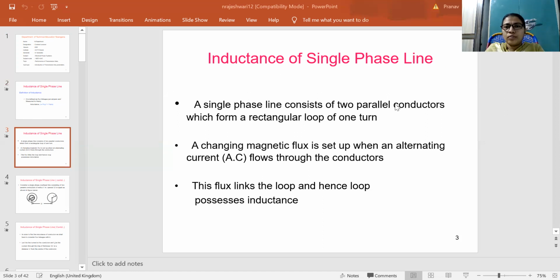This is the rectangular loop of one turn, and a changing magnetic flux is set up when an alternating current flows through the conductors. Whenever the conductors carry AC current, they produce a changing magnetic flux, and this flux links the loop, and hence the loop possesses inductance.